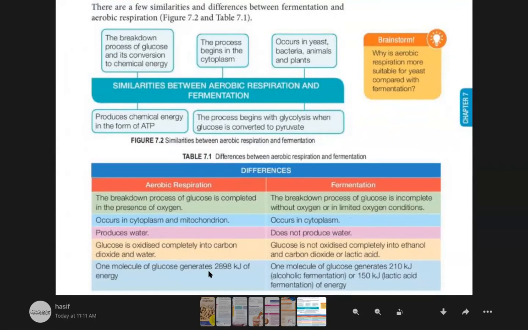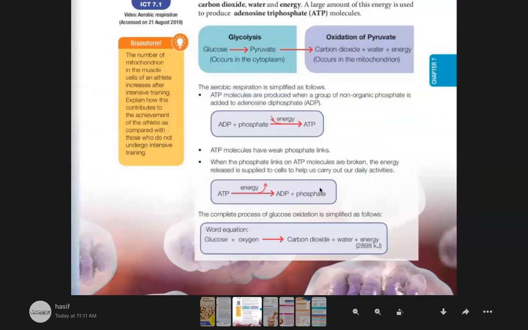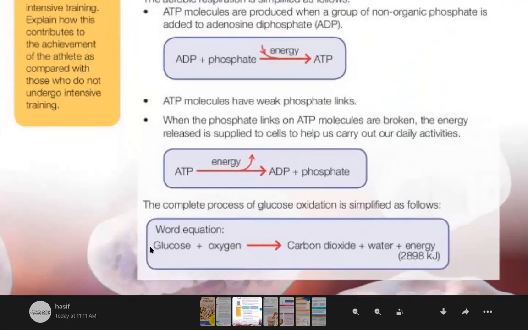Okay, and then in terms of the amount of energy produced, awak tengok one molecule of glucose generate 2898 kJ of energy. Ni awak tengok ni. Okay, ni cikgu cakap tadi. One molecule of glucose will produce 2898 kJ of energy. Itu satu glucose.